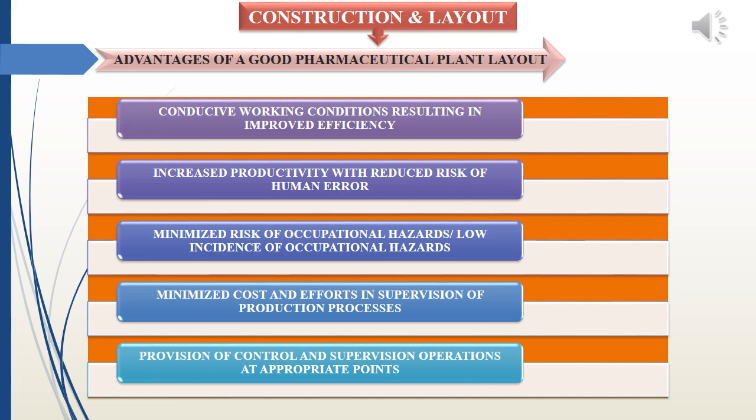Then increased productivity with reduced risk of human error. Then minimized risk of occupational hazards. That means low incidence of occupational hazards. Then minimized cost and efforts in supervision of production processes.